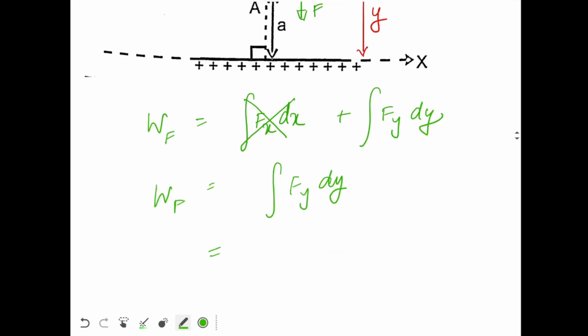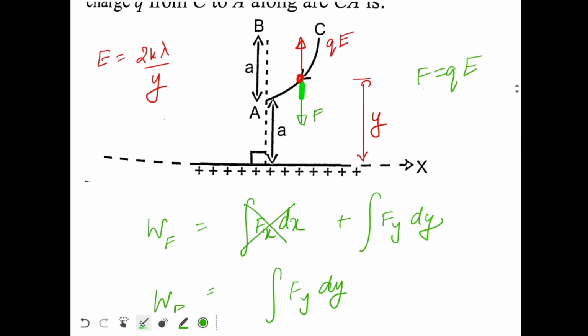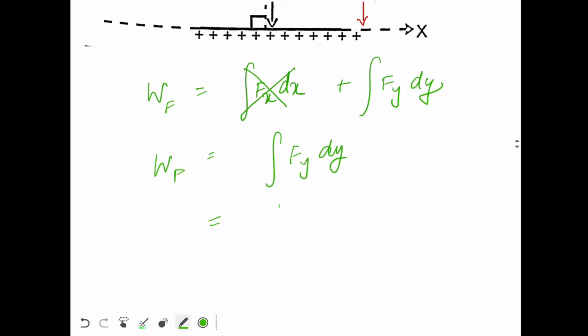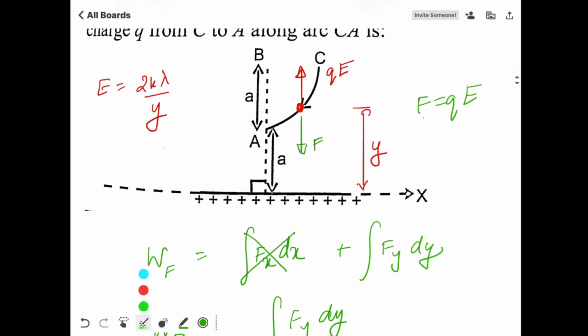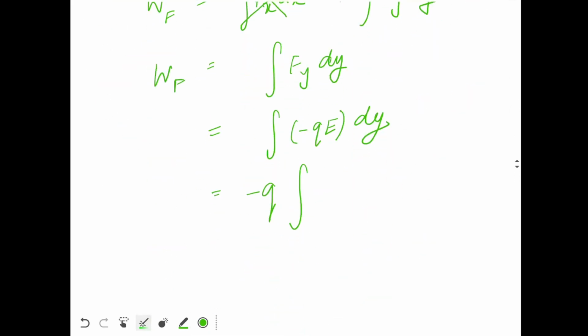And what is Fy equal to? My force is acting in negative y direction, so I could write over here integration of minus qE dy. So this will be minus qE, taken outside, and E is 2k lambda by y, so 2k lambda by y dy.